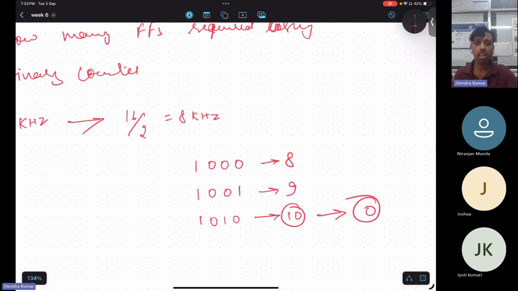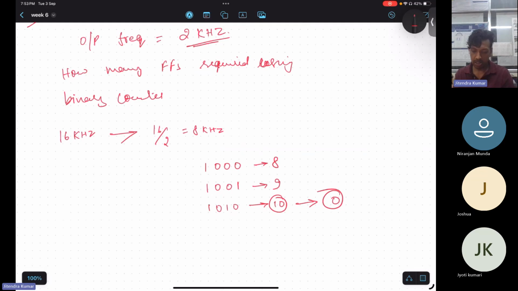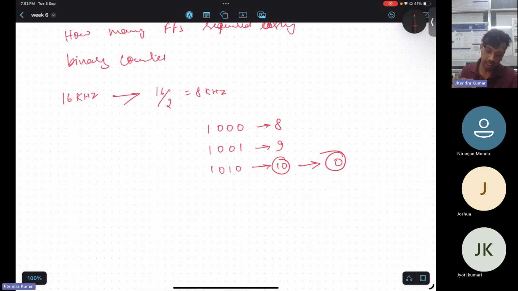And there is one expression as well. Actually I could explain it in great detail, but because very little time is available, I am providing you the expression for now. In the next session we could learn it in great detail if you want. So the expression is log to the base 2 of the input frequency divided by the output frequency.